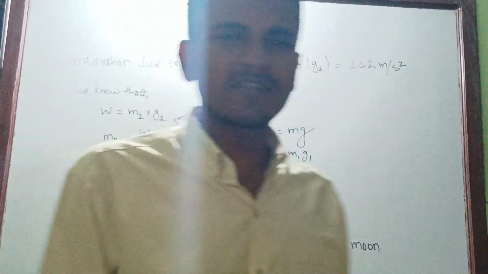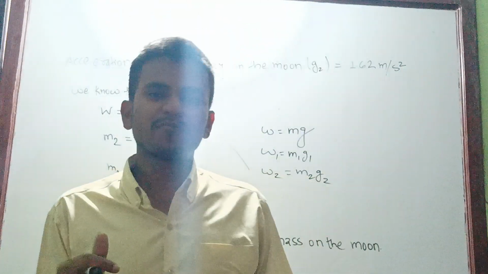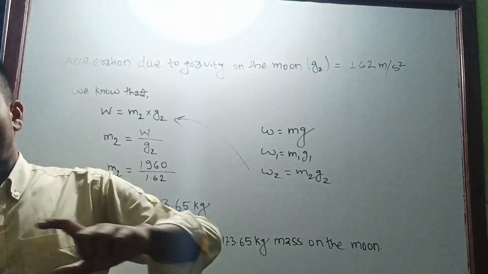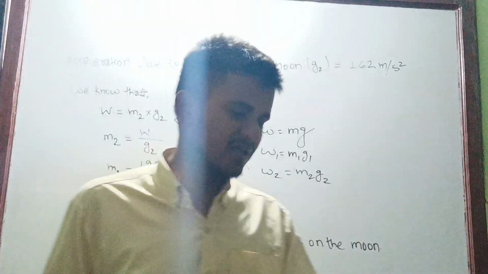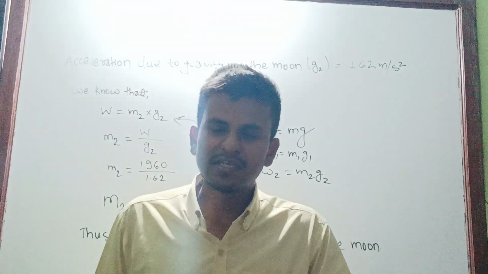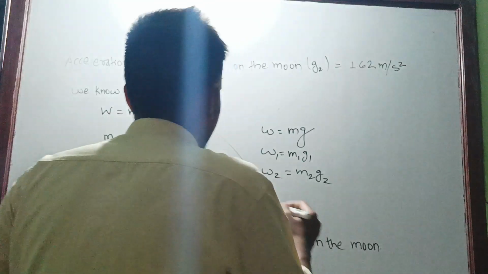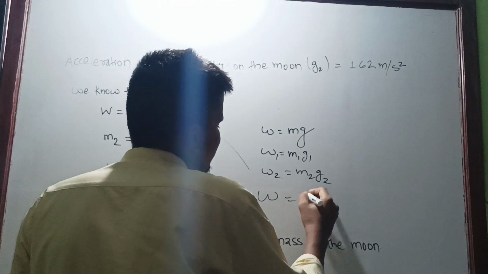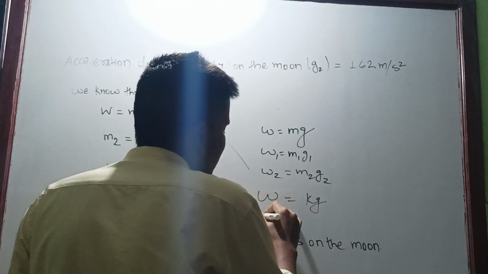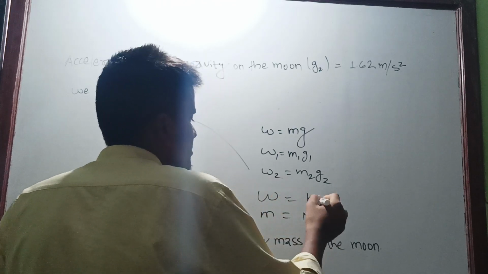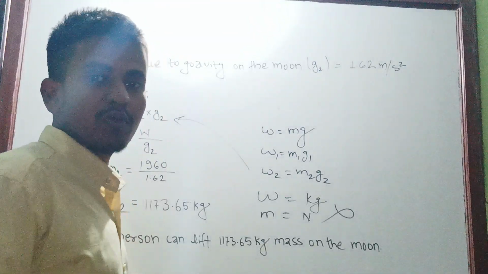Sometimes learners and students write kg for weight and Newton for mass. This is the biggest mistake they make.